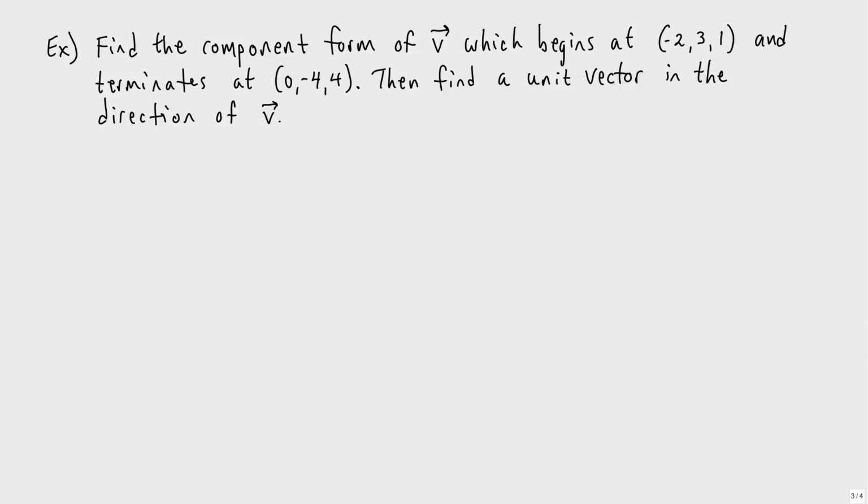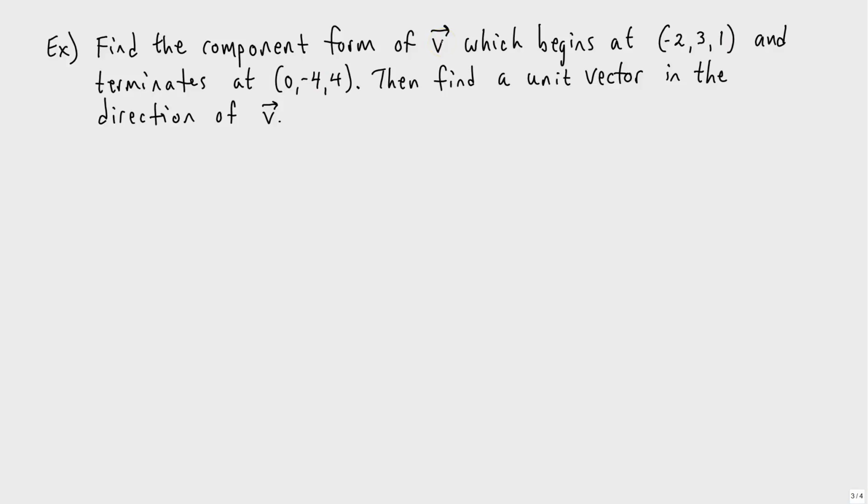So let's find the component form of vector v, which begins at (-2, 3, 1) and terminates at (0, -4, 4). Remember, a vector is a representative of every single directed line segment that's equivalent to some given one. So we've got this given directed line segment, starting at (-2, 3, 1) and terminating at (0, -4, 4).